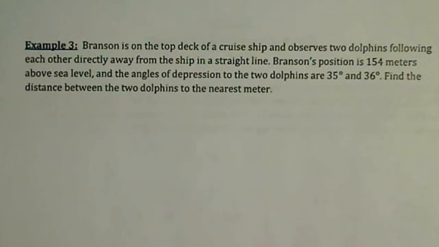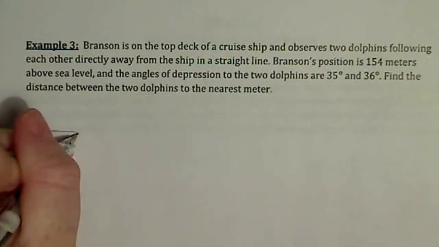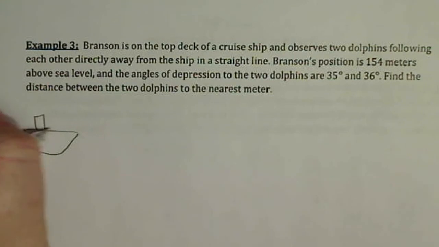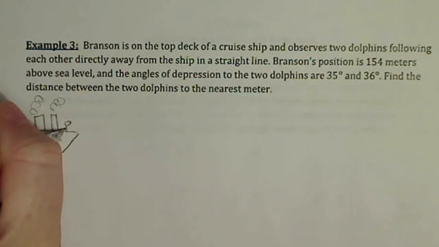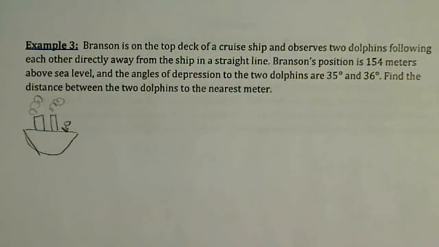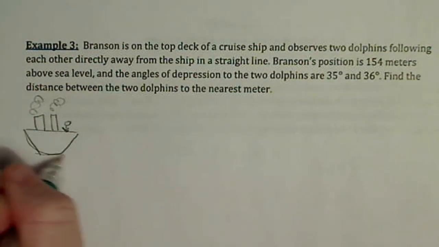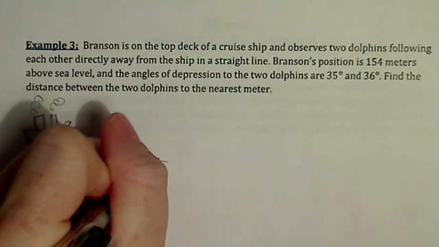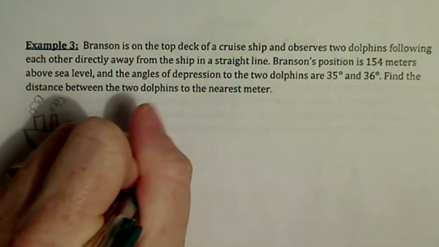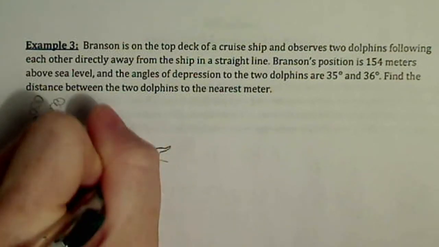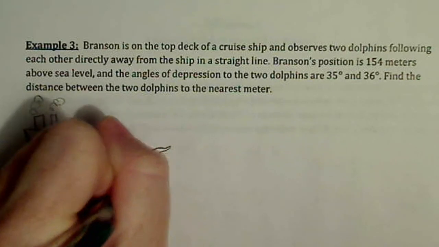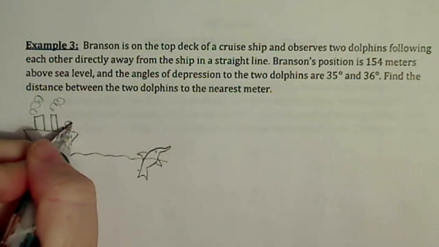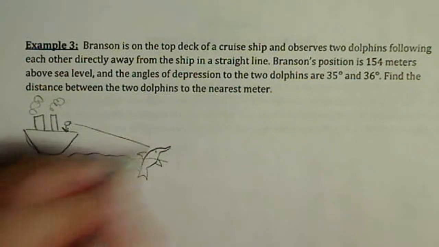Okay, example 3. You've got Branson at the top deck of a cruise ship. So here's my cruise ship. Here's Branson. And he sees 2 dolphins. So here's dolphin number 1. And Miss H is not very good at drawing dolphins. He sees that one.